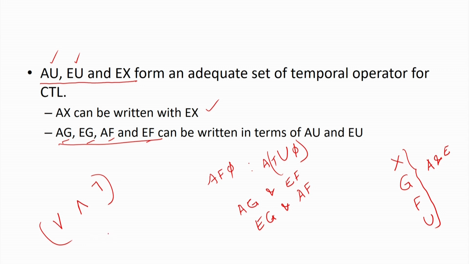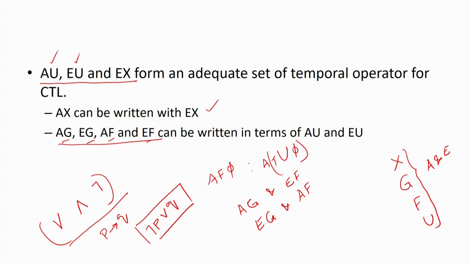Just today itself we have seen that P implies Q can be written as not of P or Q. If you consider any operator, that can be expressed with the help of or and not. So, we said this is the complete set of operators in case of propositional logic.